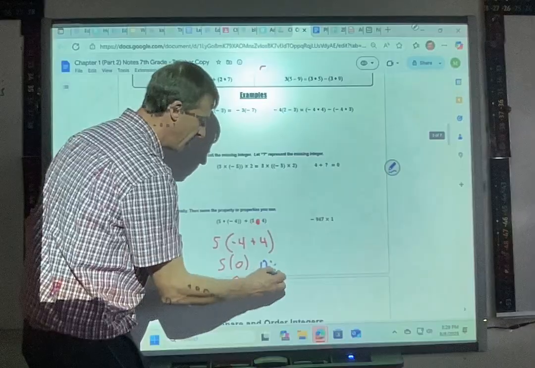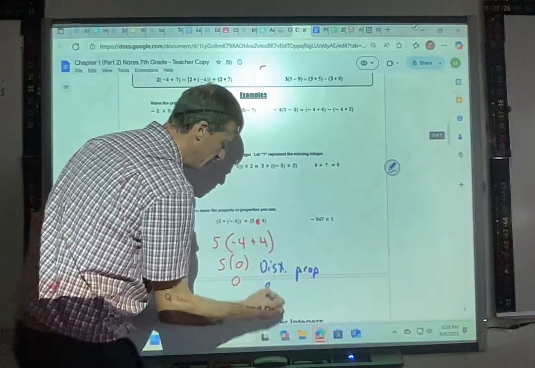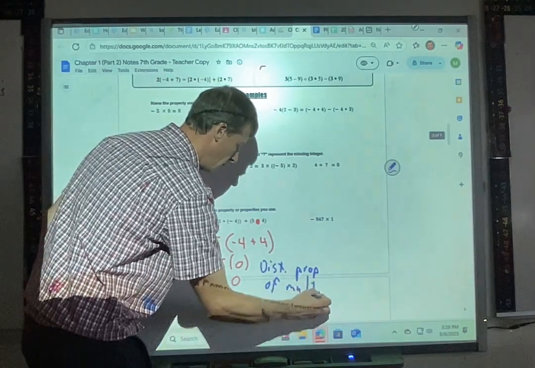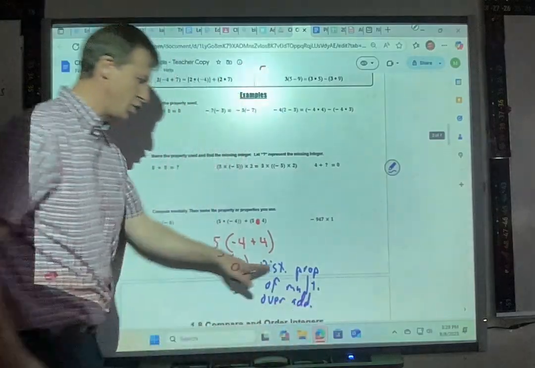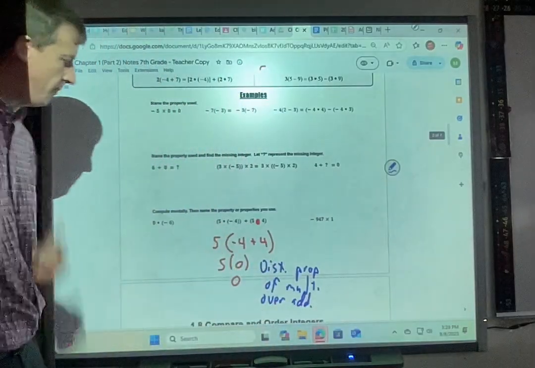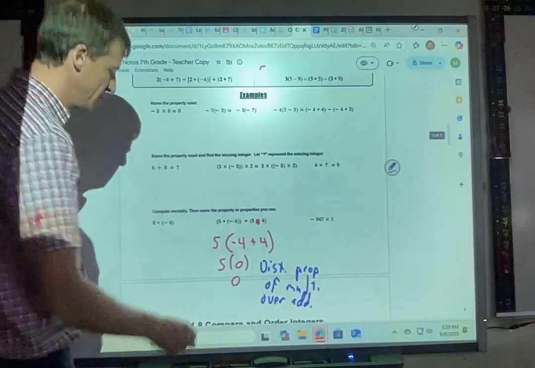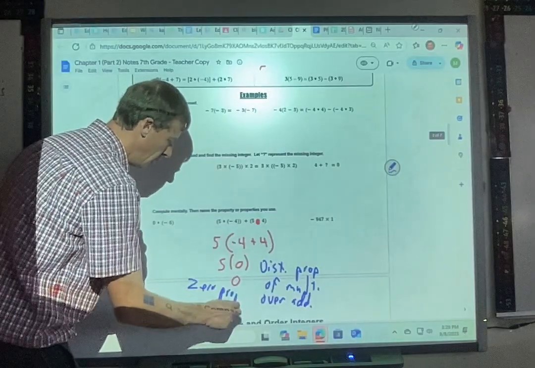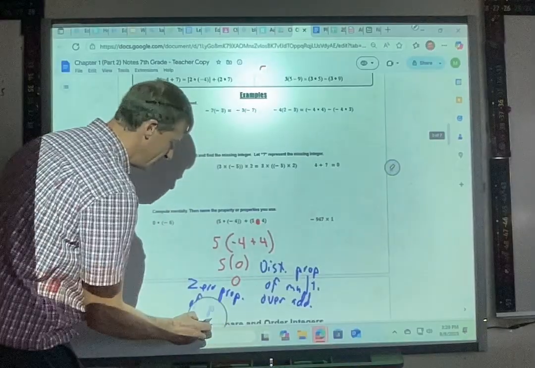So that was the distributive property of multiplication over addition. You should write on your paper distributive property of multiplication over addition. And then I also used the 0 property of multiplication for this one, because anytime you multiply times 0, you get 0.